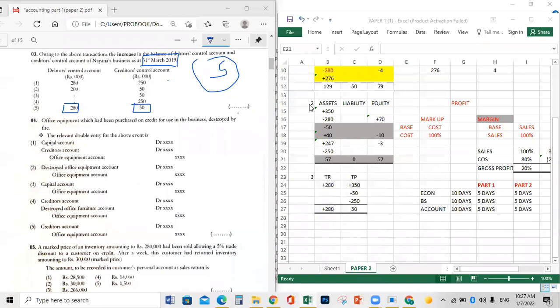Office equipment which had been purchased on credit for use in business was destroyed by the fire. What is the relevant double entry for the above event? Guys, it's an easy one.